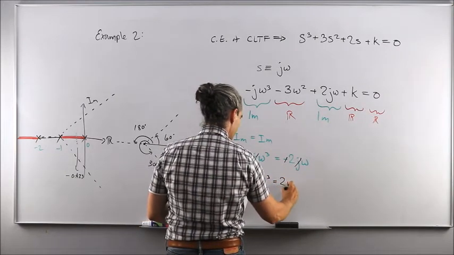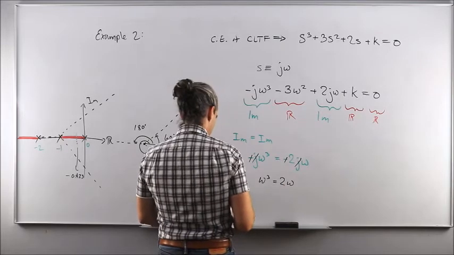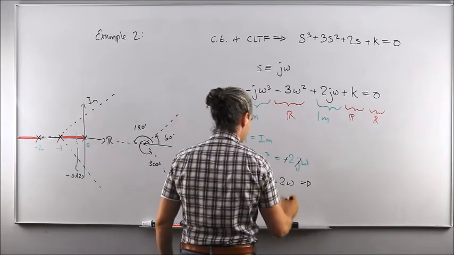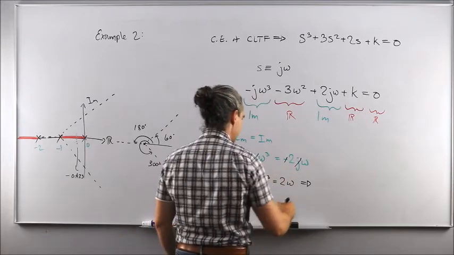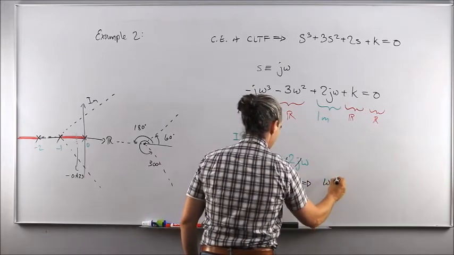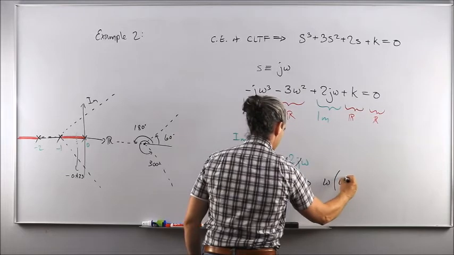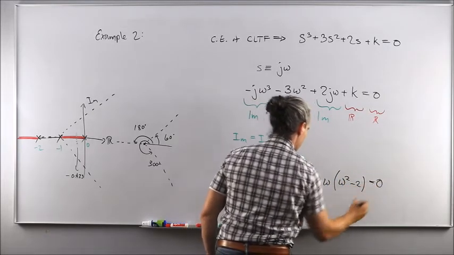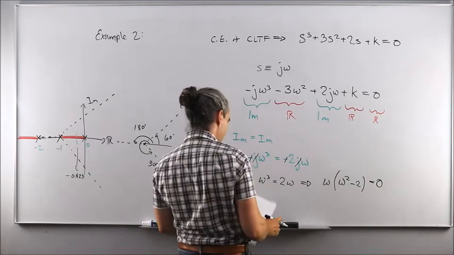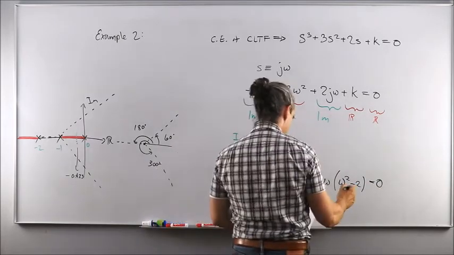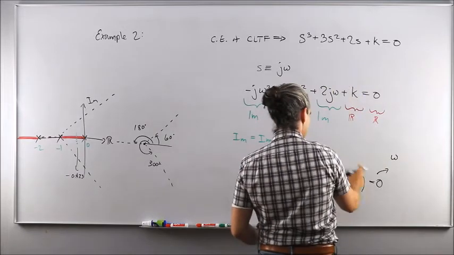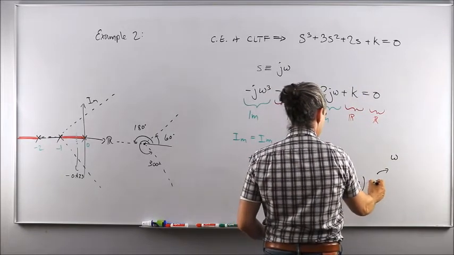equal to 2 omega. Or alternatively, make it a little bit more obvious for the omega value that would make this relationship valid. You could just write omega that multiplies omega squared minus 2 equal to 0 by pulling this back onto the other side. And that gives you values for omega that would satisfy this relationship.